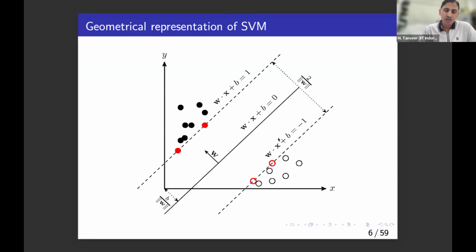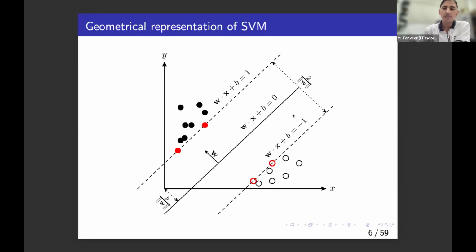One can see from this figure, suppose we have two classes of samples, positive and negative. We want to classify these two different types of data points in such a way that the distance between these two class samples is maximized.